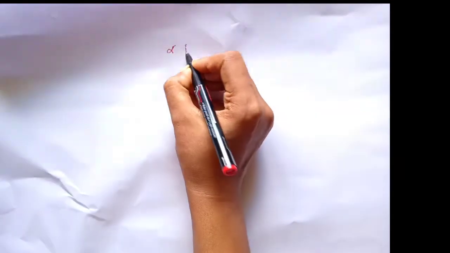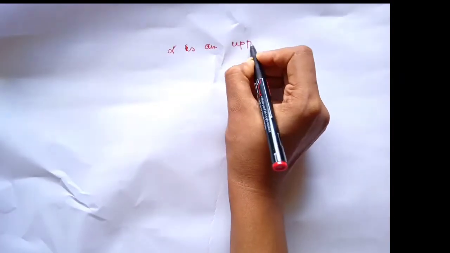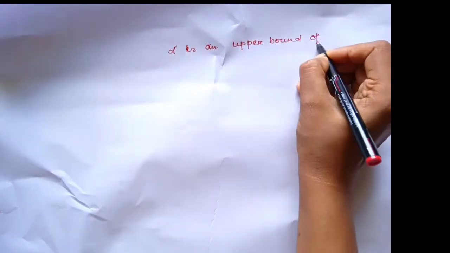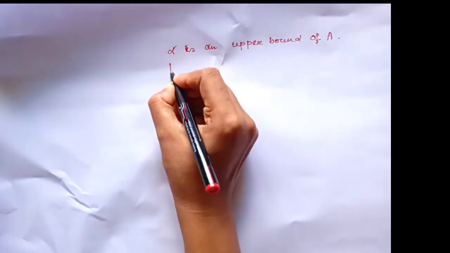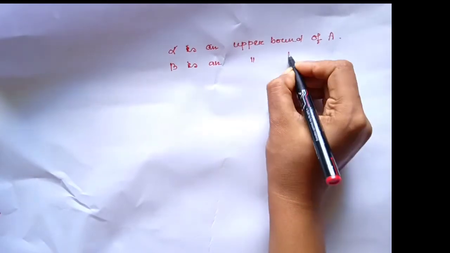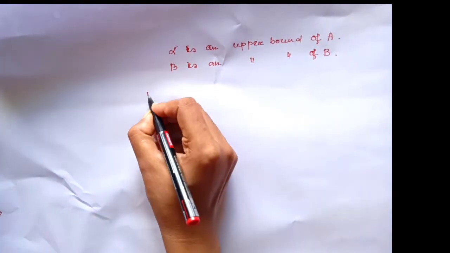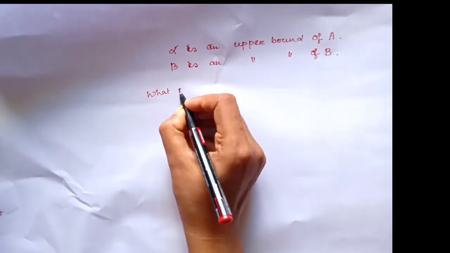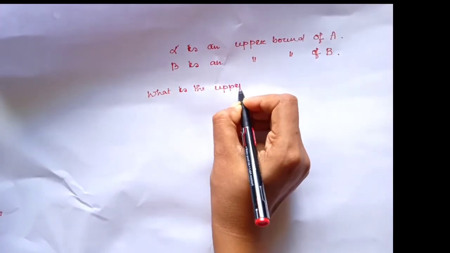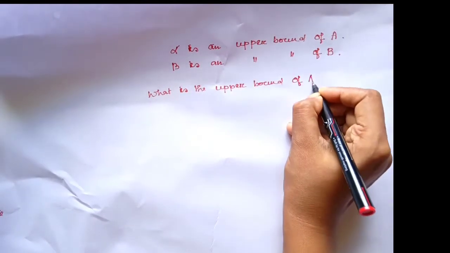Let alpha be an upper bound of A and beta be an upper bound of B. Then what is the upper bound of A union B?